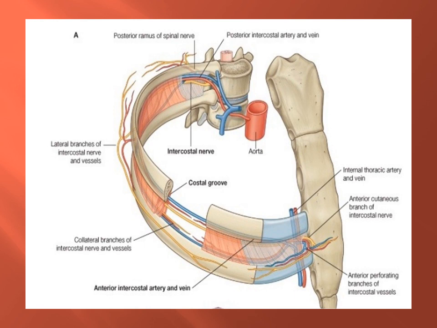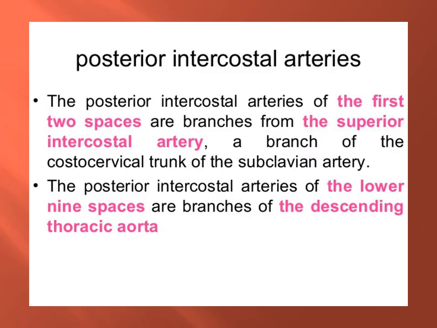If we see this picture, posterior intercostal arteries of the first two spaces, that is the first and second intercostal space, are the branches from the superior intercostal artery, which is the branch of costocervical trunk of the subclavian artery. The posterior intercostal arteries of the lower 9 spaces are the branches of descending thoracic aorta directly.